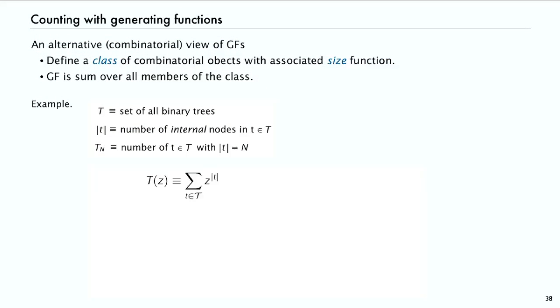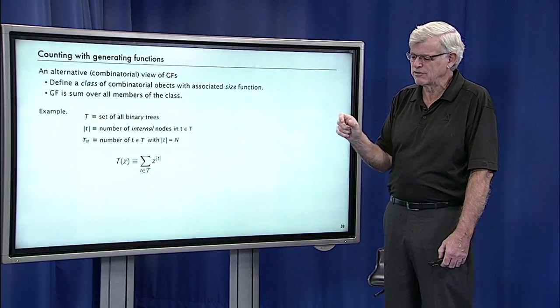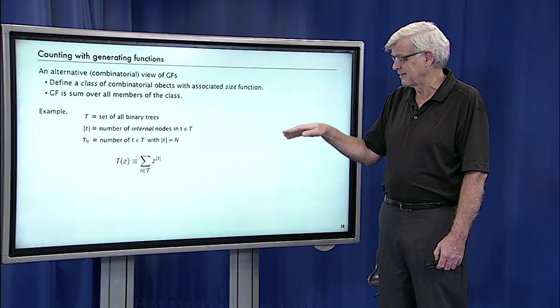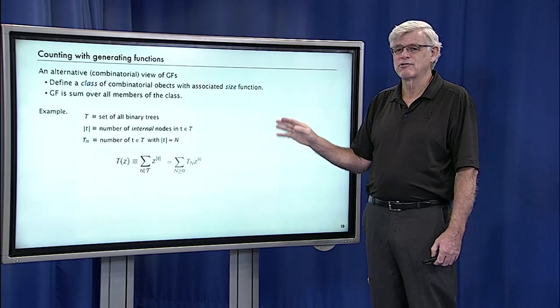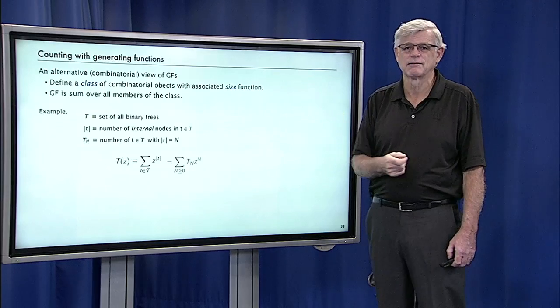This is just a formal definition, tree by tree. Now, what's that good for? Well, if we define the generating function to be the sum over all possible trees of z to the size of the tree, then that treats each term individually. Each tree contributes individually to a term in the generating function, but it's exactly the same as if the trees of size n were collected together and counted by t sub n.